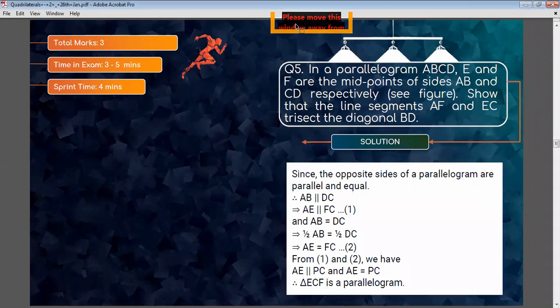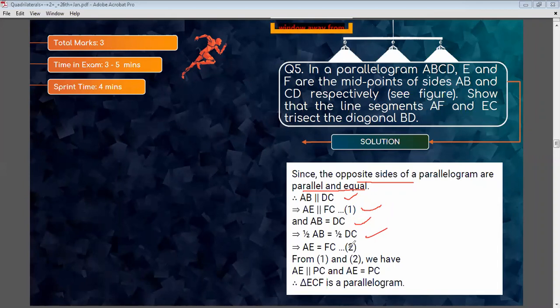So here's the solution. When writing, first we will write: since the opposite sides are parallel and equal, we will show the parallel also and equal also. Then we will multiply half to both the sides of AB and CD.